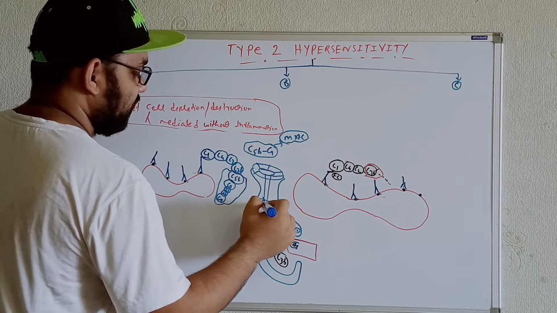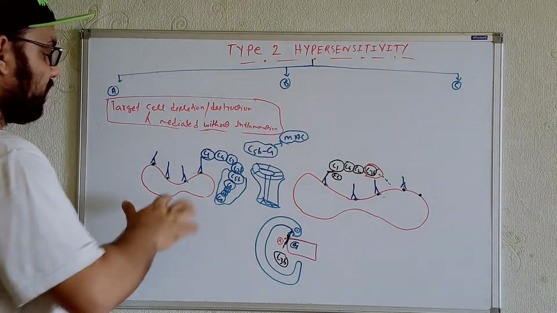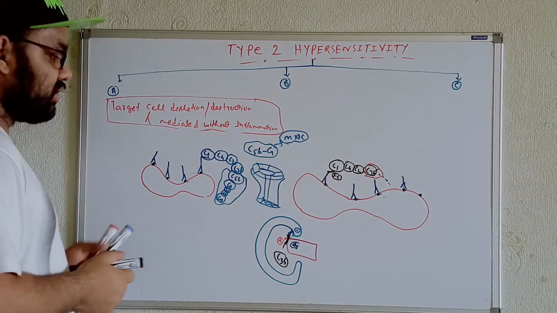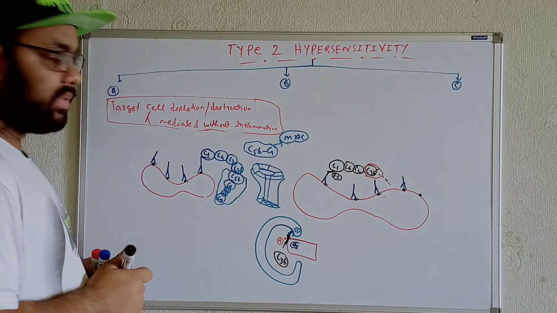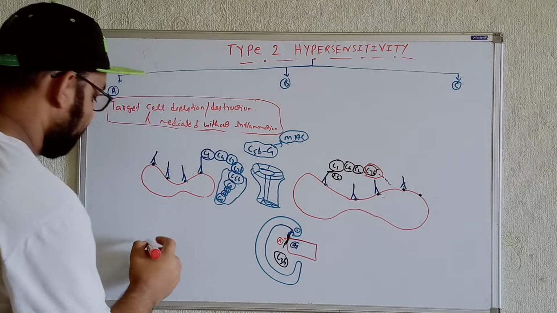This is the membrane attack complex. Whenever it is formed, it will come within the cell membrane of the RBC over here and work like a drill machine and do the lysis of the cell. As a result, we can say, let me show over here.